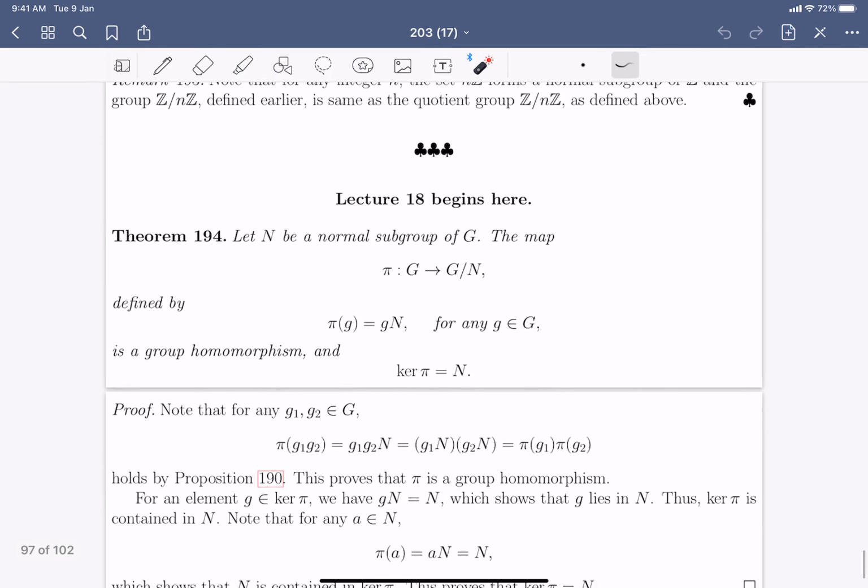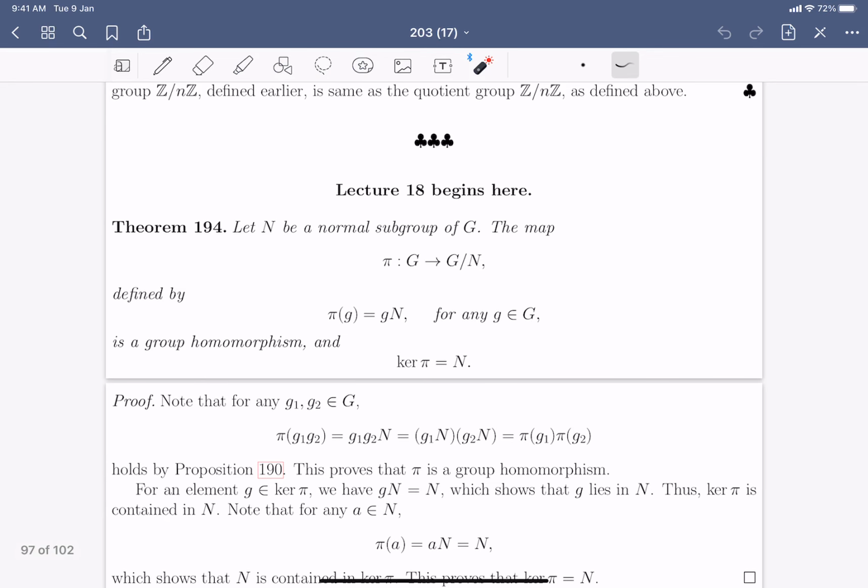Let's continue our discussion with normal subgroups. When you first learn this notion of groups, subgroups, or normal subgroups, you probably wonder why we care so much about these normal subgroups.